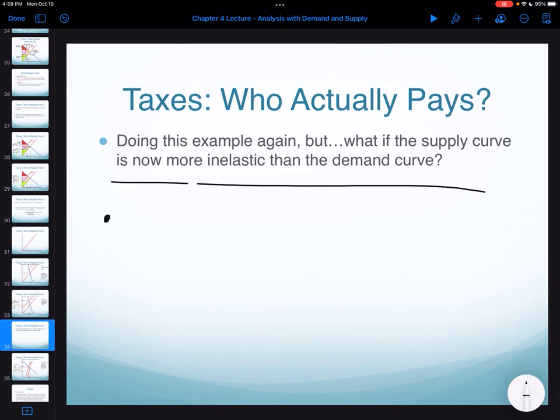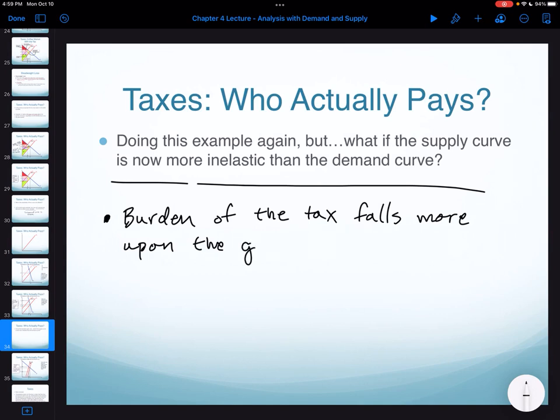The key idea here is that the burden of the tax, no matter if the tax is put on the buyer or the seller, the actual tax burden, who is affected in the market after it's all said and done, falls more upon the group with the more inelastic curve.